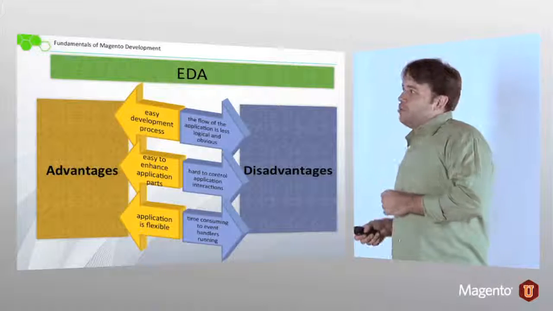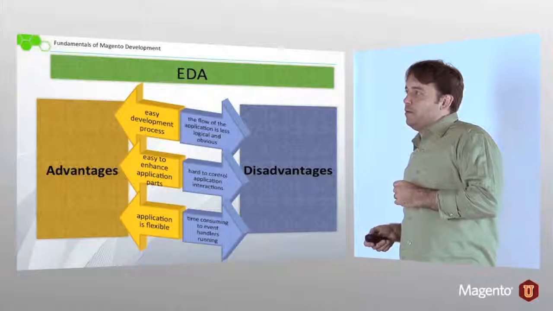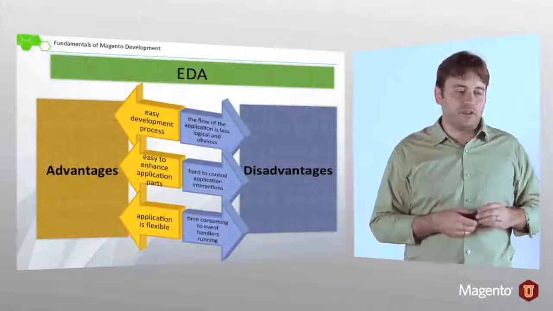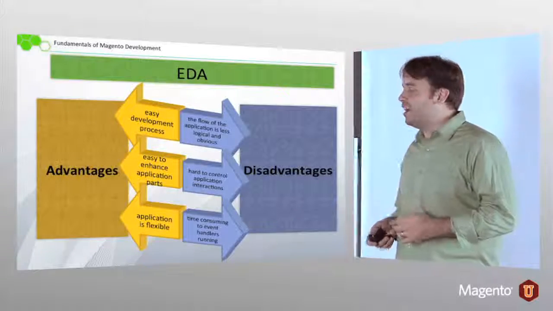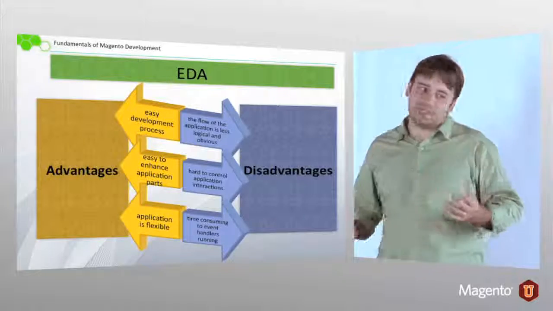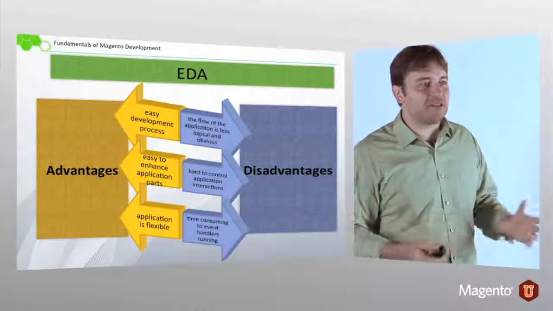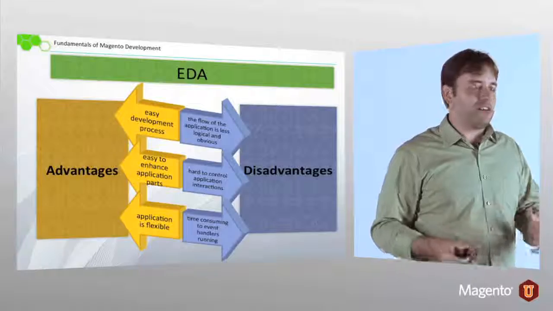But the drawback, of course, is that because it's so disconnected from the logical flow, well, guess what? It's really complex in that you can have several different events firing at any given time, any number of observers observing those events, changing data, doing things, and you don't necessarily know the order that they're going to happen or necessarily what's going on.